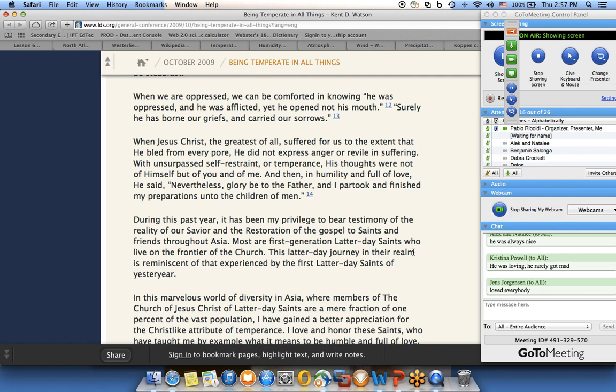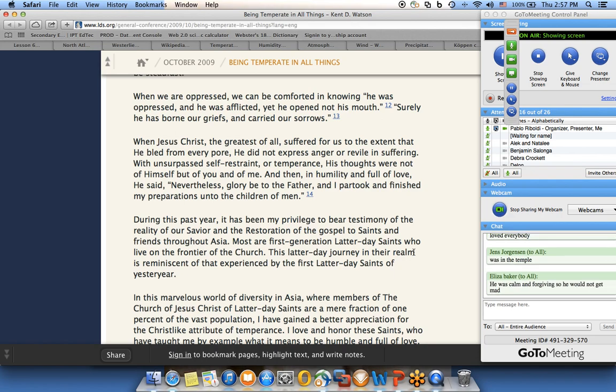In fact, the only time in the scriptures where he did something, I wouldn't say violent, but forcefully, was when he was in the temple and took the people that were selling things from the temple. He was calm and forgiving, so he would not get mad.